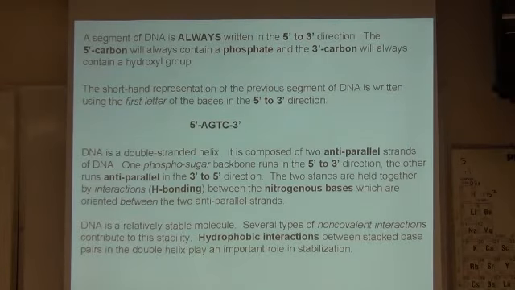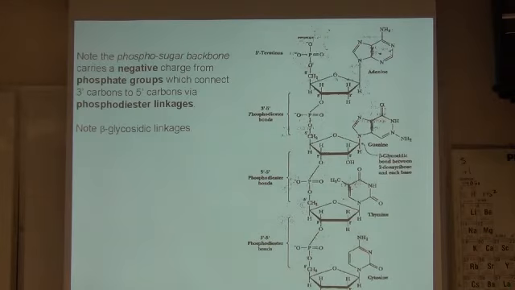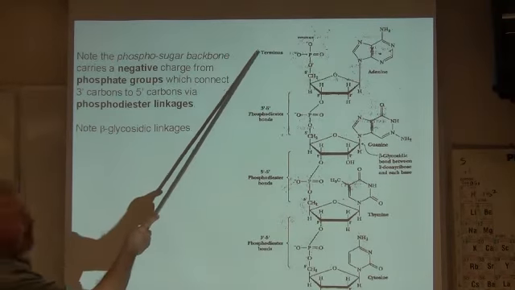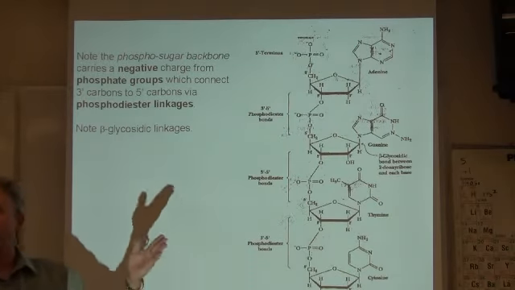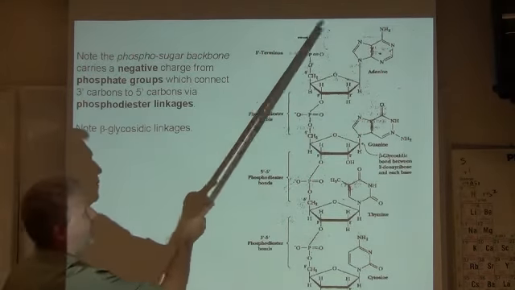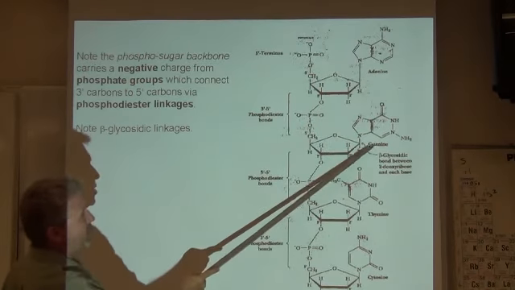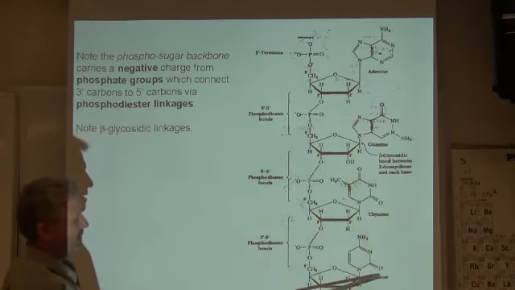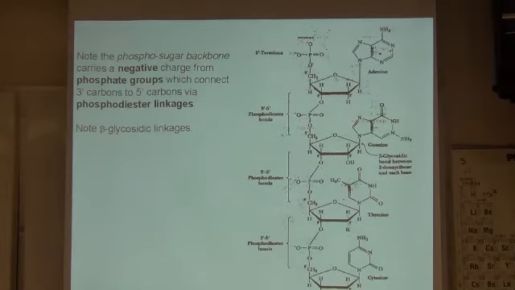So if we were to represent this segment of DNA, we would take a quick look at it. We always write DNA in the 5 prime to 3 prime direction. So we'd have 5 prime A, G, T, C, 3 prime.